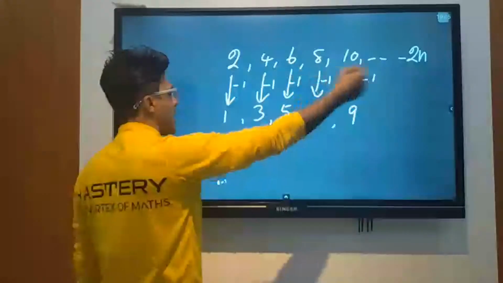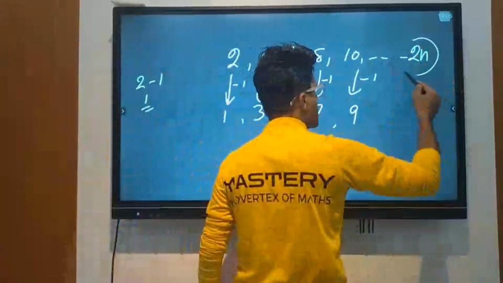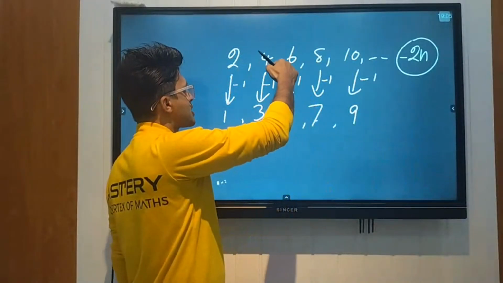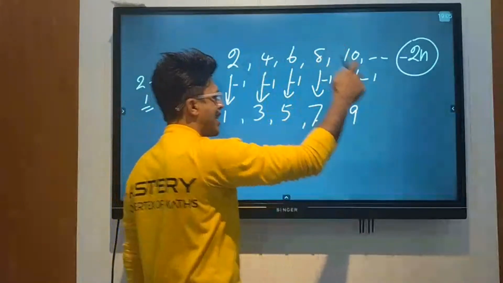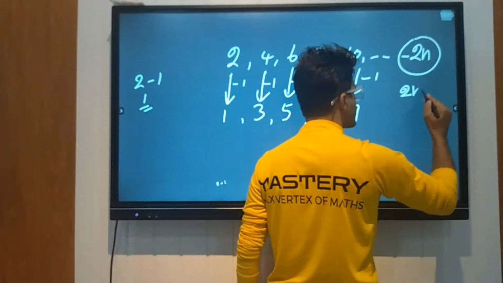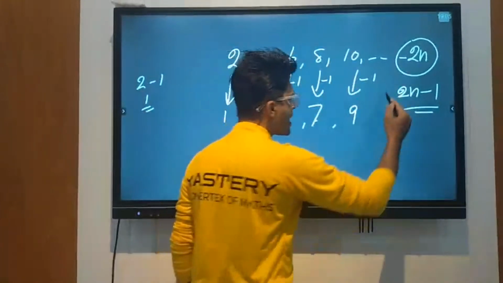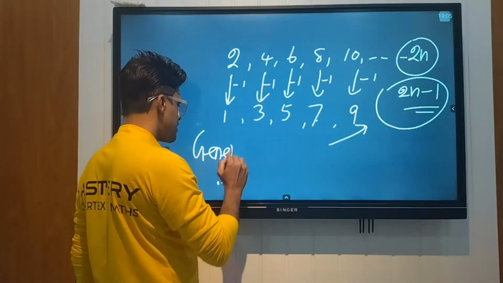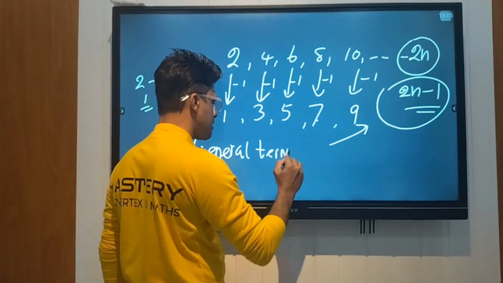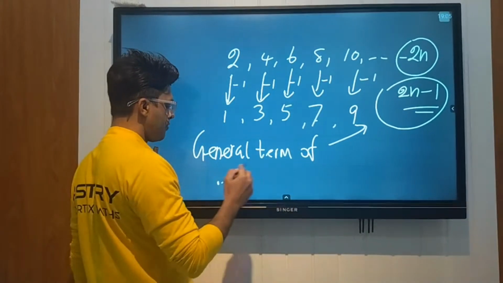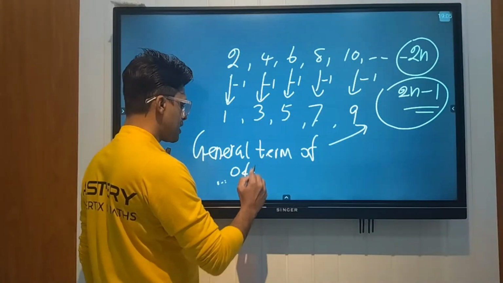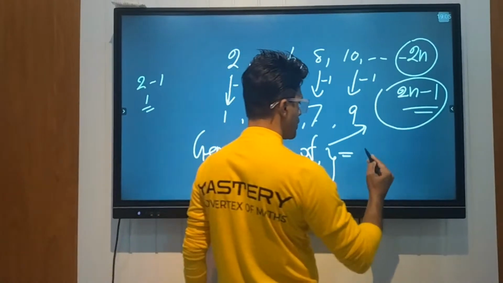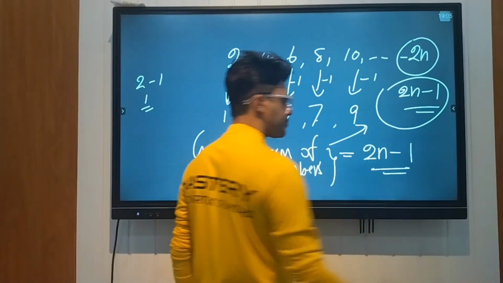So the general term of even numbers is 2n. Every time you could see that we subtracted 1, here 1, here 1, here 1, and so on. Right now we are able to get the general term of odd numbers, which equals 2n minus 1.